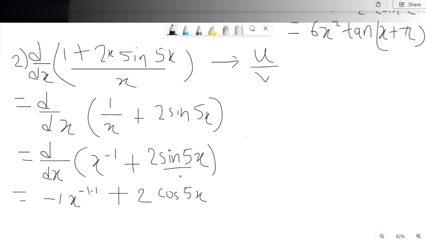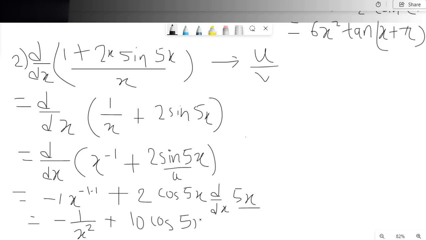Just because you assume that this initial function was u, therefore you have to multiply it with the derivative of the inside function, which is 5x, just like in chain rule, and finally we get minus 1 by x squared plus 2 multiplied with 5, as differentiation of 5x is 5, so we get 10 cos 5x.